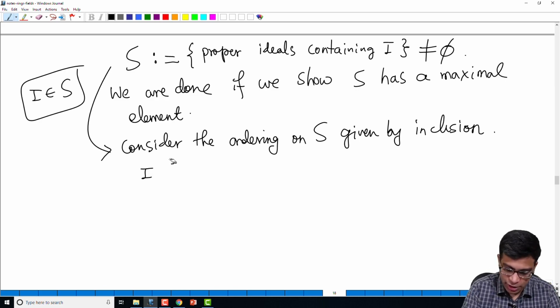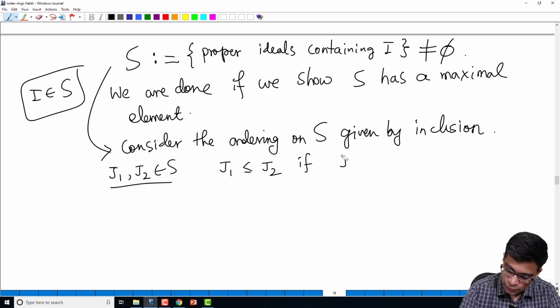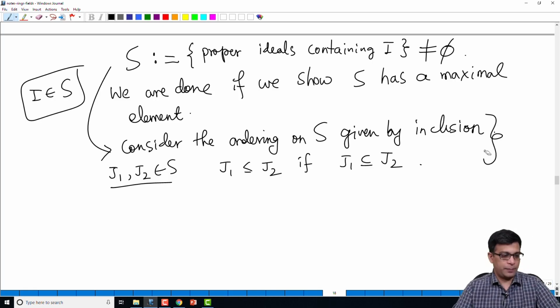In other words, let J1, J2 be in S. We say that J1 is less than or equal to J2 if J1 is contained in J2. So this is how you give it a partial order.